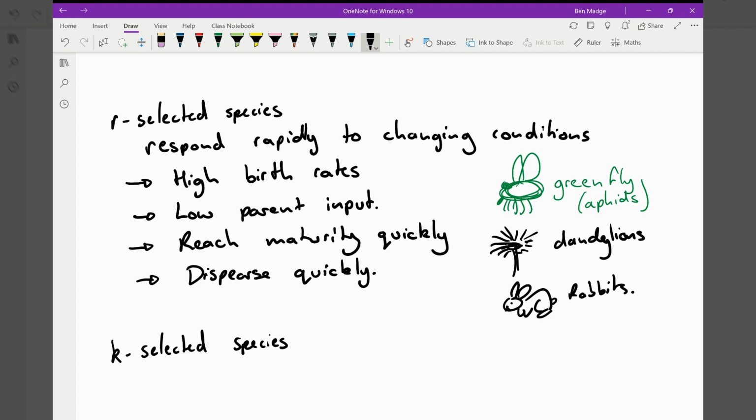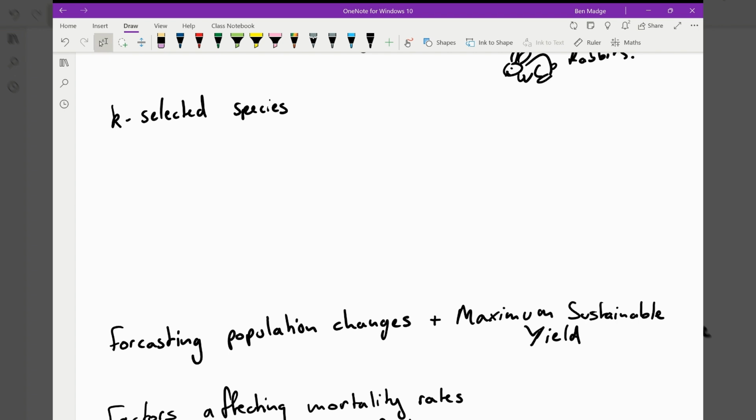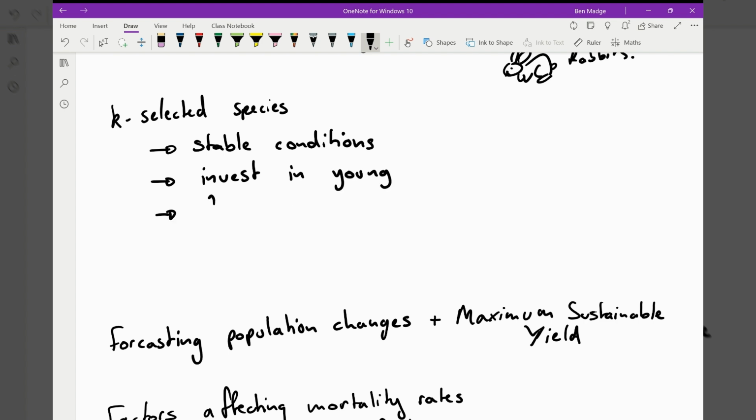So, the alternative to this are things like K-selected species. So, K-selected species take a long time to respond to any population declines because they are typically found in more stable conditions. So they will invest heavily in their young and have few young.